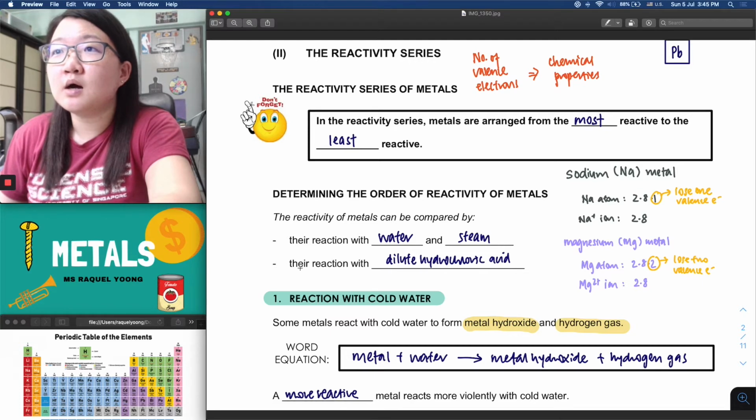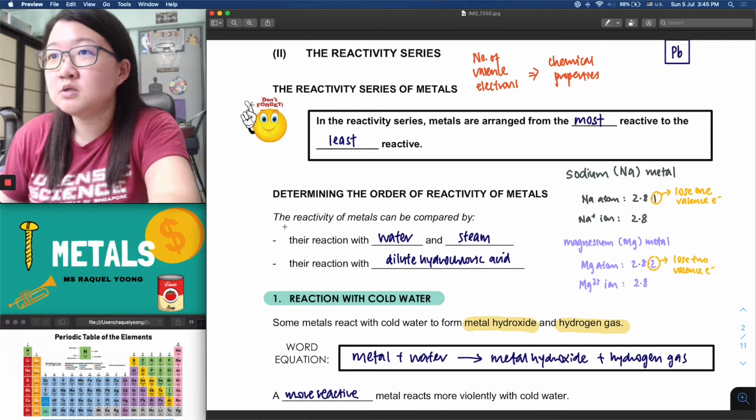Okay, and then for certain metals where their reactivity cannot be determined by reacting with water and steam, then it can be further differentiated using a stronger or harsher kind of reactant, which is dilute hydrochloric acid.